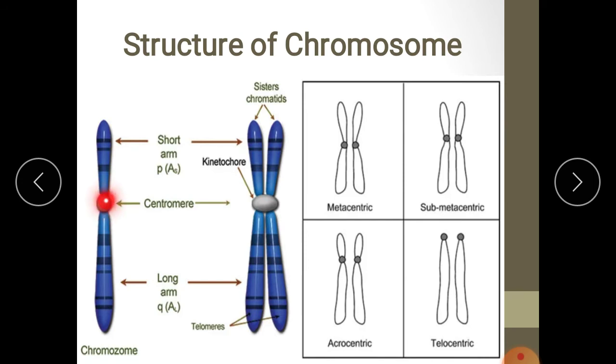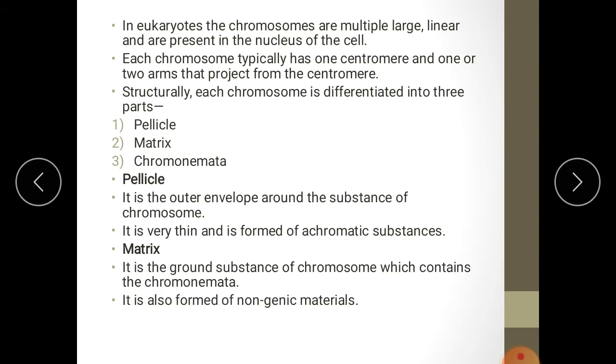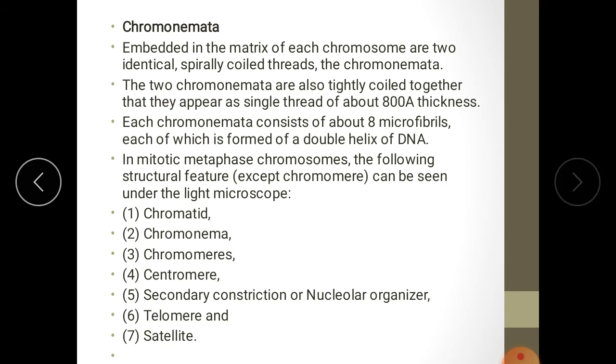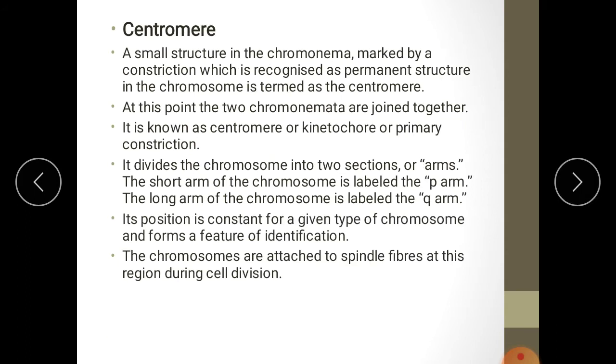This is a permanent structure, the constricted part of the chromosome to which the arms of the chromatids are connected. At this point, the two chromonemata are joined together. It is known as the centromere or kinetochore or primary constriction.